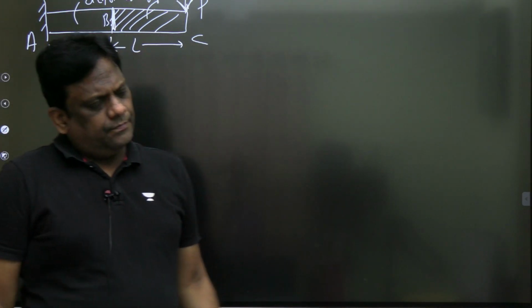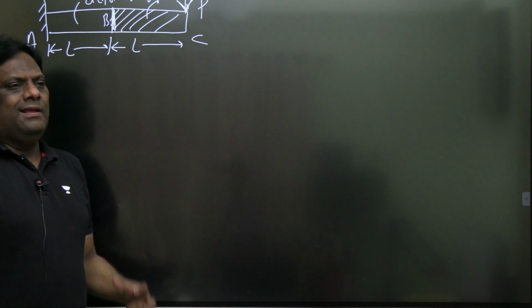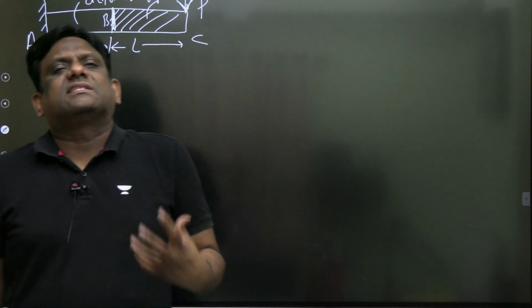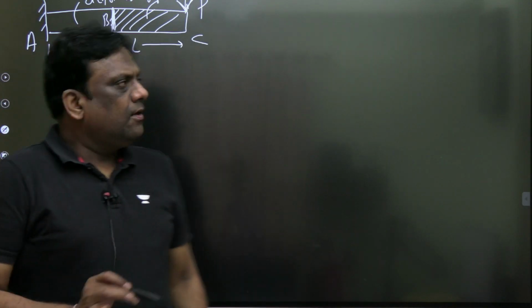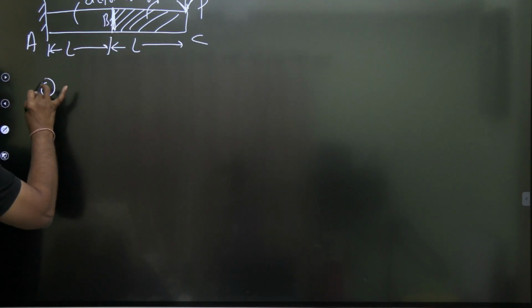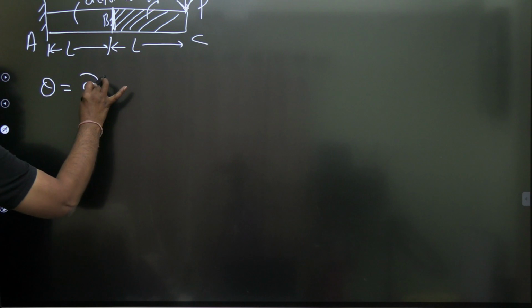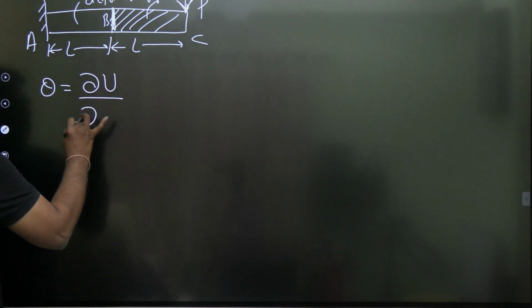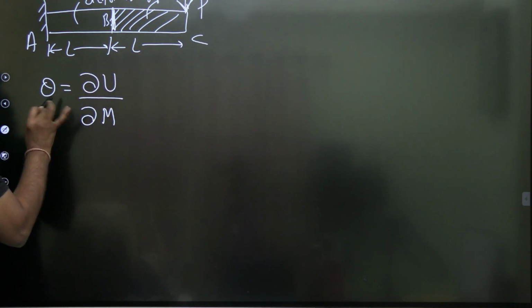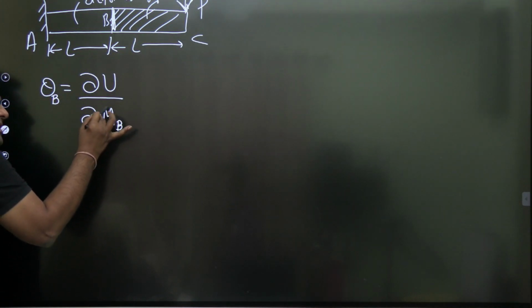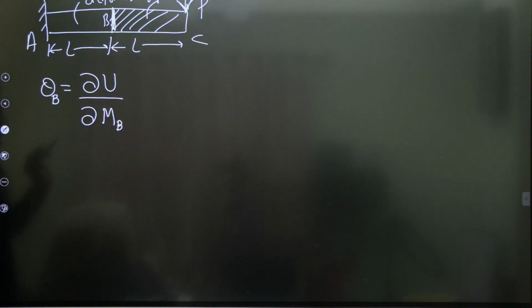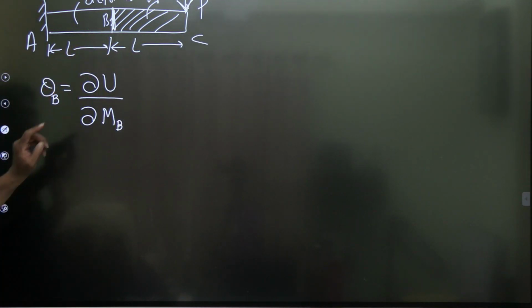What do we do? Let us calculate the total strain energy. You know one of Castigliano's theorems. If you want slope, you differentiate partially the total strain energy with the moment. Listen carefully. If you want slope at B, there has to be a concentrated moment at B. But unfortunately, there is no concentrated moment.